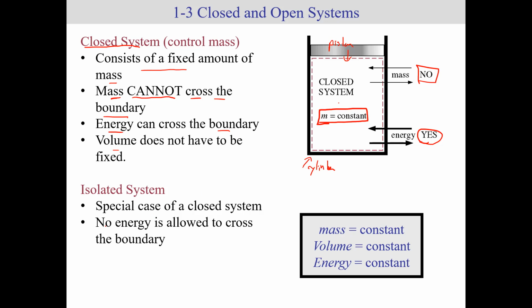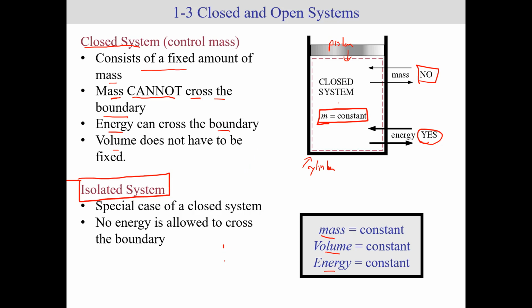There's a special case of a closed system called an isolated system. An isolated system is a closed system that does not have any energy leaving or coming into the system. So the mass is constant, the energy is constant, and the volume is constant. Usually the question I get is, if that's the case, what's an example in real life of an isolated system?